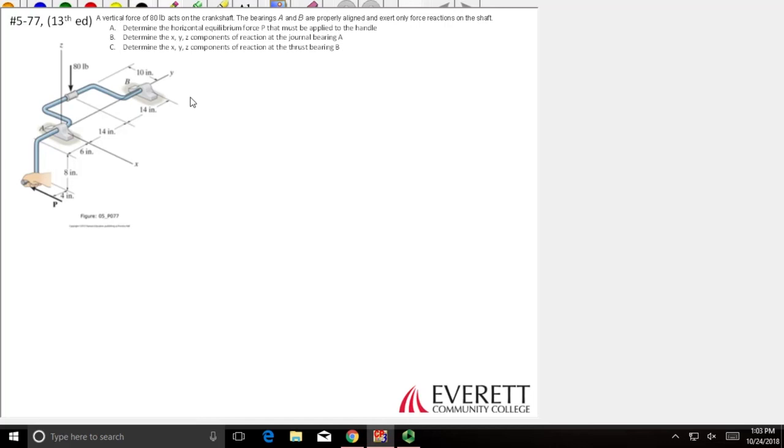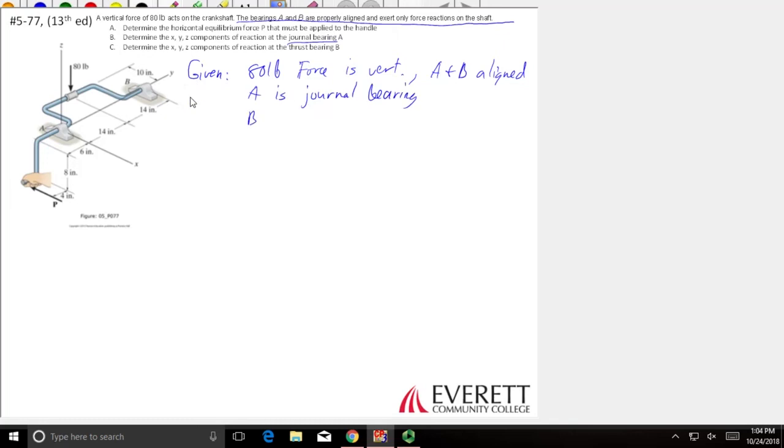So I'm going to start with my givens. And it also says something else. It says the bearings A and B are properly aligned and exert only force reactions on the shaft. So I'm just going to write that for now as A and B are aligned. We'll talk about what that means in just a second. And we're supposed to find the XYZ components of reaction at journal bearing A. That's another given. B is thrust bearing.